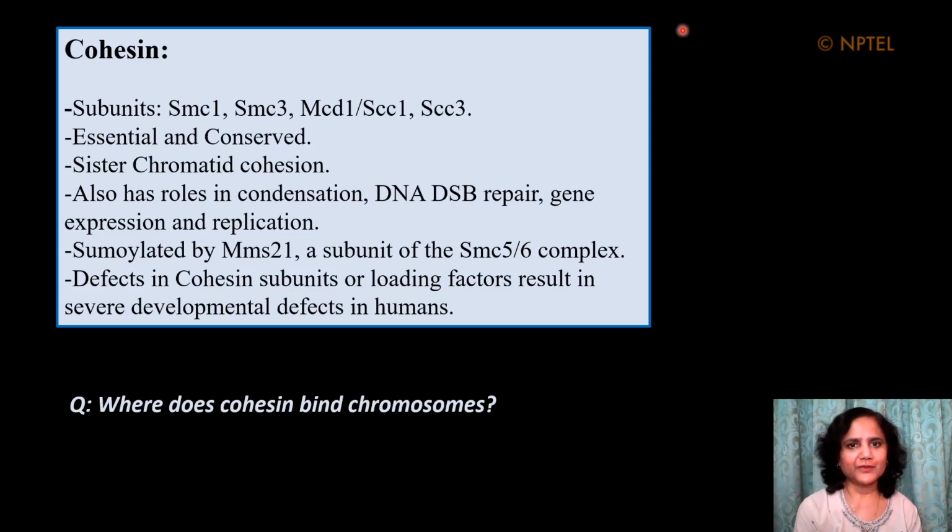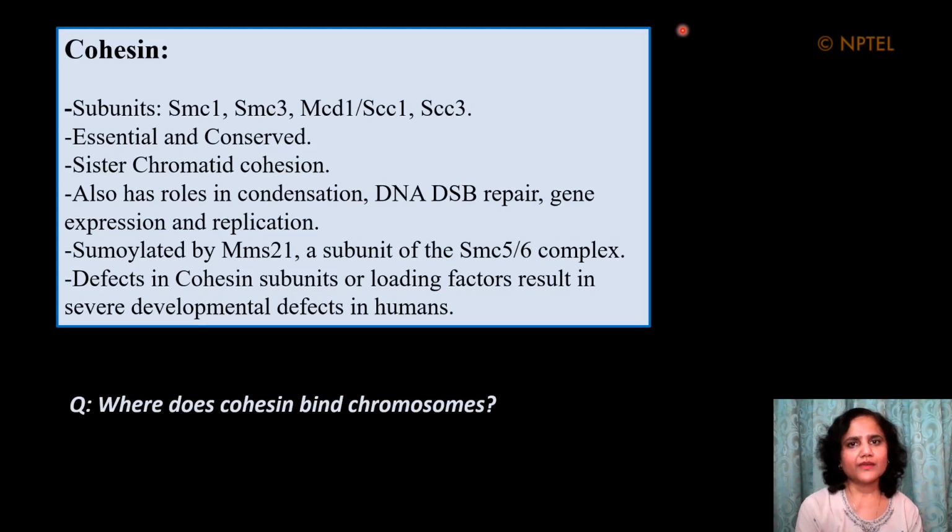Its subunits are stimulated by MMS21 or NSE2, which is a subunit of the SMC5/6 complex. Defects in the cohesin subunits or their loading factors can result in severe developmental defects in humans, highlighting the importance of its function, even in multicellular organisms in development.